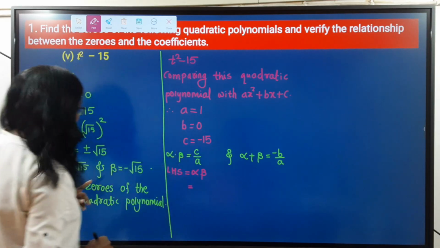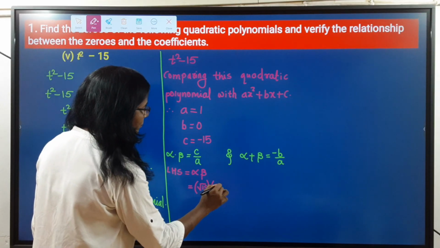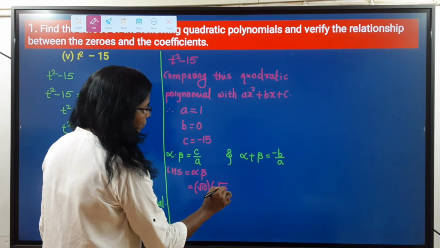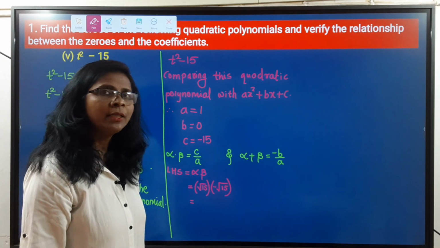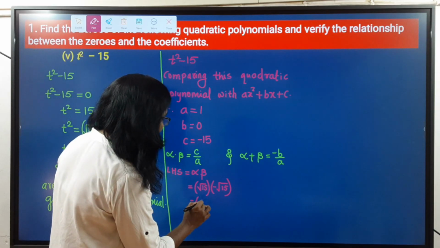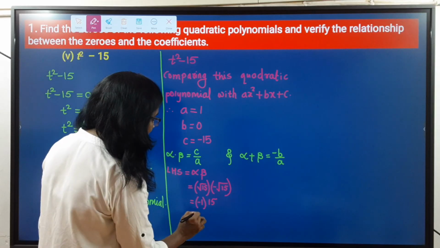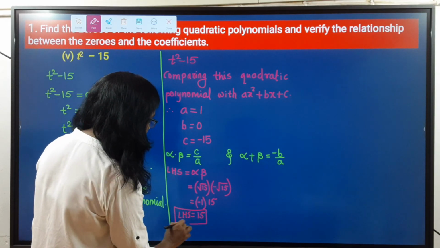So here, root 15 multiplied by minus root 15. Root 15 times root 15 gives 15, so we write minus 15. LHS is equal to minus 15.